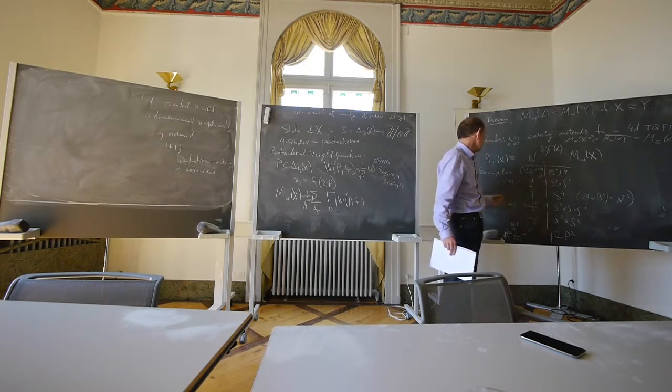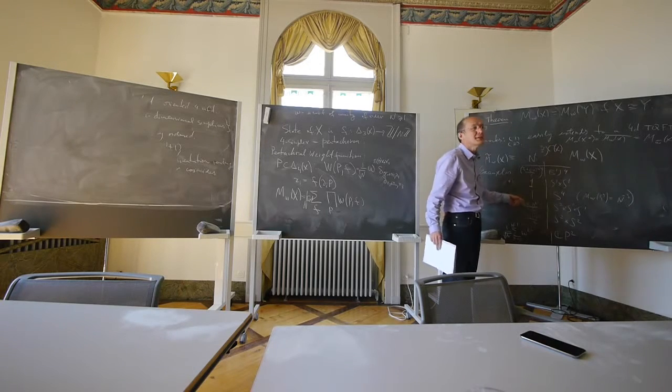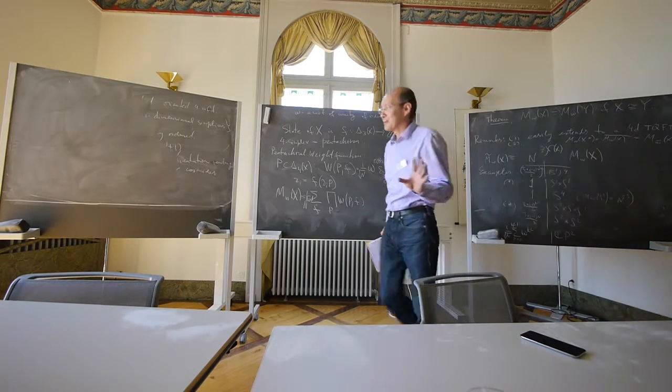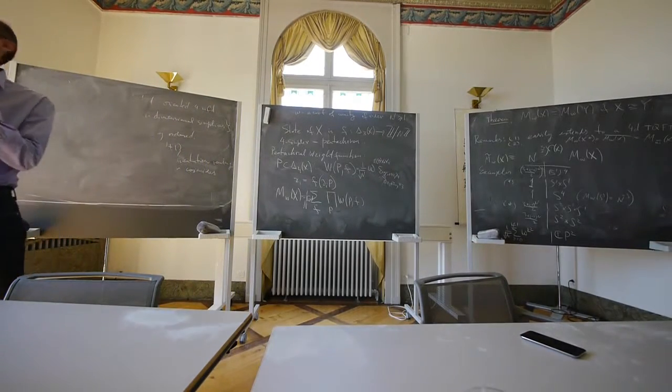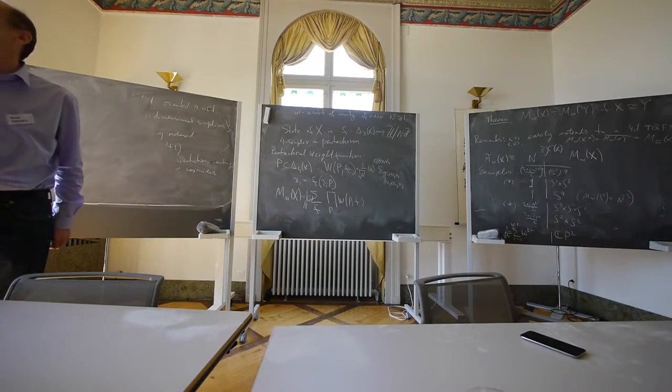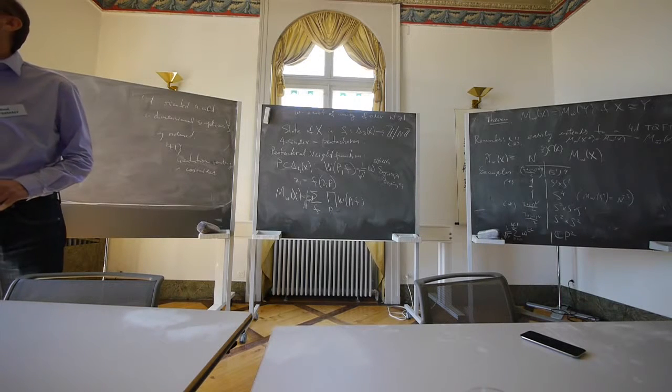But the invariants are different. So it's not an invariant depending only on Euler characteristic and signature, at least. But they're distinguished by their homology.